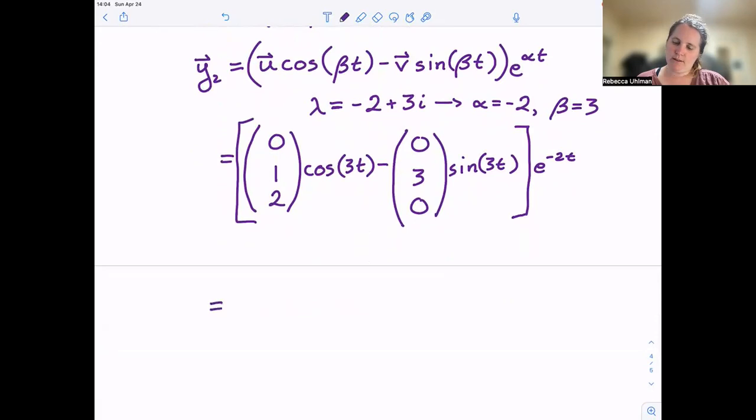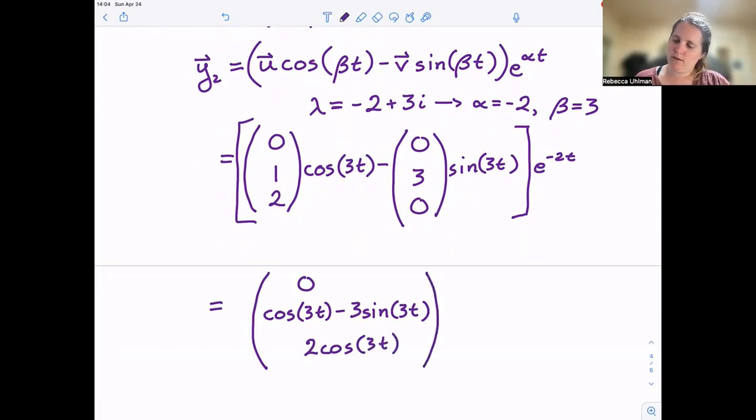We can also write this simply as 0, then cosine of 3t minus 3 sine of 3t for our second position, and 2 cosine of 3t for the last position, all times e to the -2t.